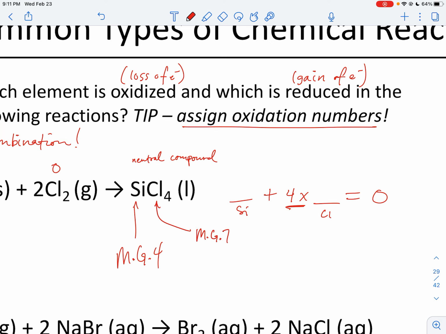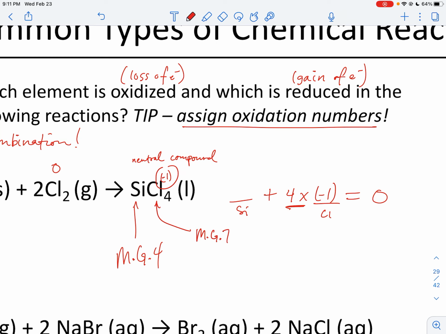This is a halogen, and halogens always form anions with a -1 charge. So I would bet a lot of money that if we assigned an oxidation number to chloride here, it would have to be a -1. And it is, okay? So I'm going to plug this -1 in over here in our equation because that is going to be our number on chloride.